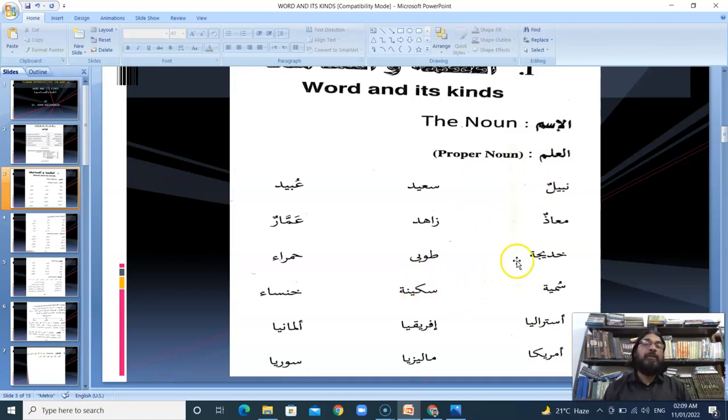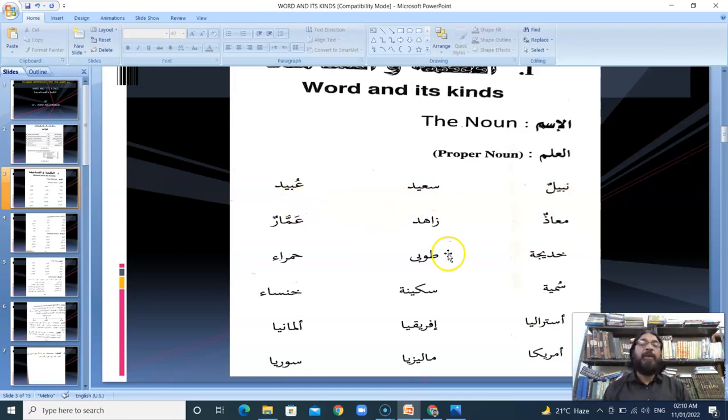Although they don't have the alif lam in the beginning. Actually, if you see the alif lam in the beginning of the word, such a word will not be considered as a proper noun. But here, there is no alif lam. Still, all these particular names of particular persons will be considered as proper nouns without alif lam. Nabilun, name of a particular person.